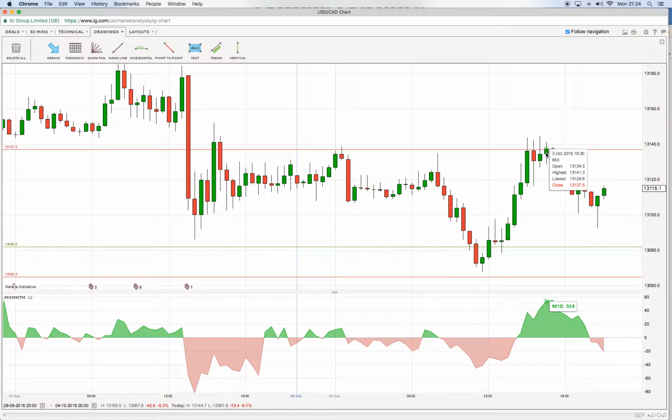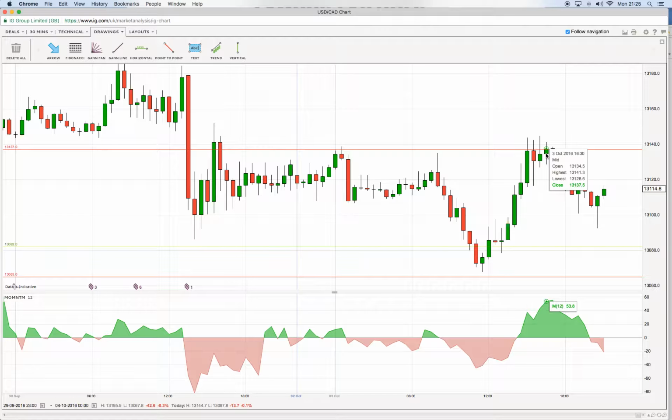This is actually telling us that there's something wrong with this rally, and so the rally is running out of steam, and this really tells us in an accurate way what's happening inside the market, inside the psychology of the market.